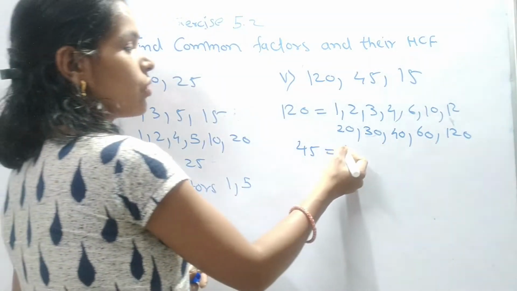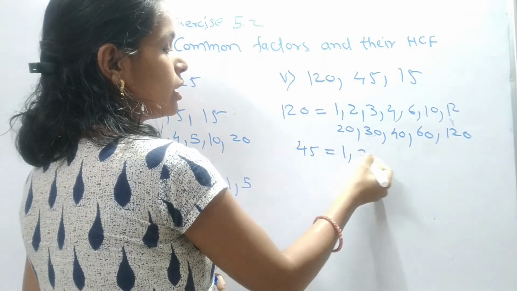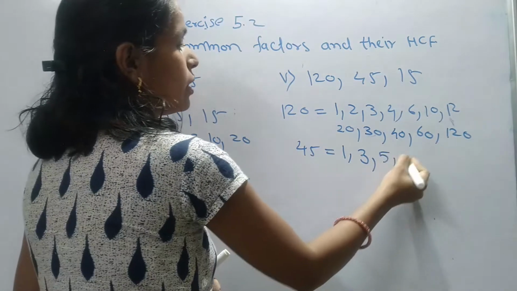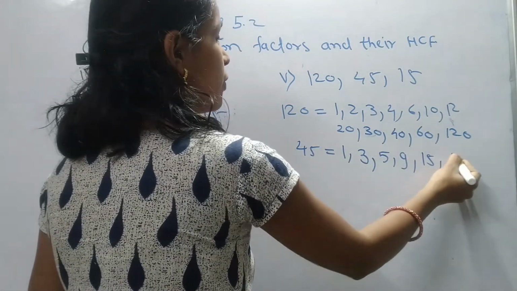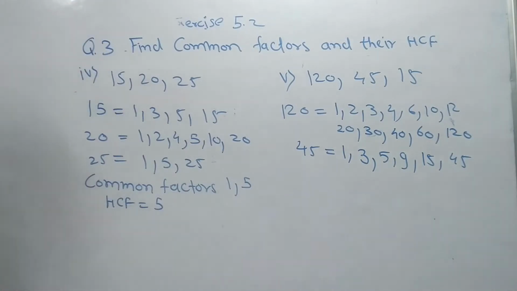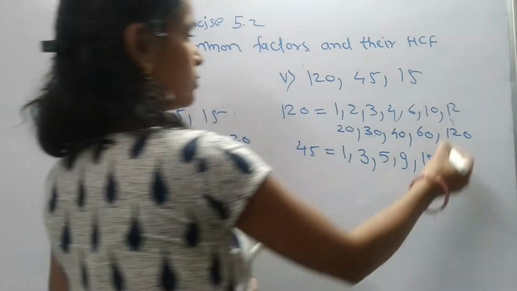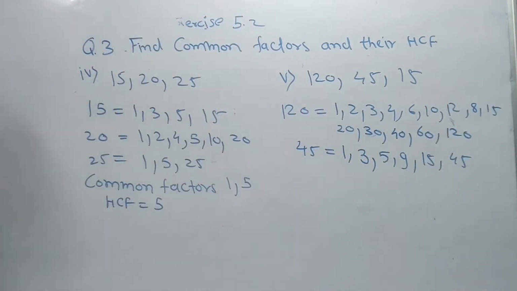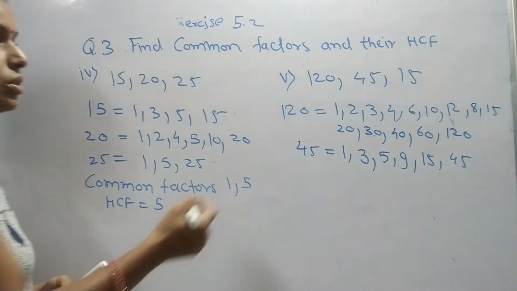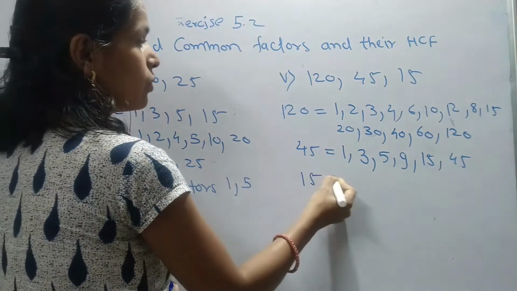And the factors of 45 are 1, 3, 5, 9, 15, and 45. Now let's write the factors of 15.